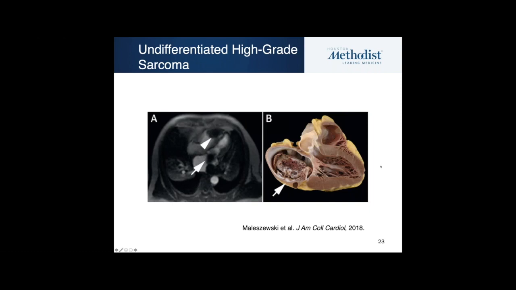It's only helpful in the sense that usually they don't exhibit reactivity with a lineage-specific marker. And so you can do a bunch of immunostains on it to make sure that it's not something else, but then when they're all negative, it's more exclusionary than anything else.